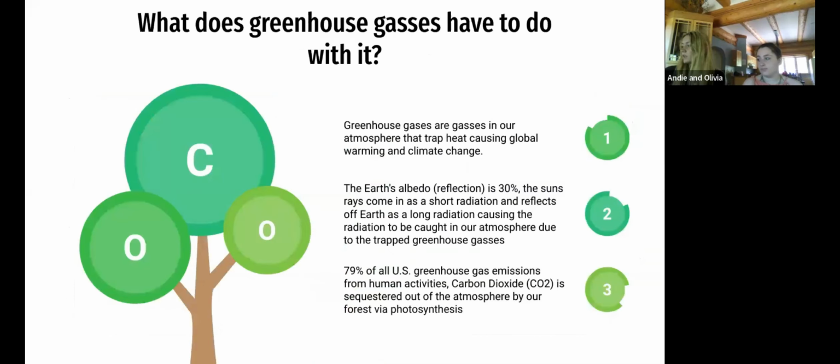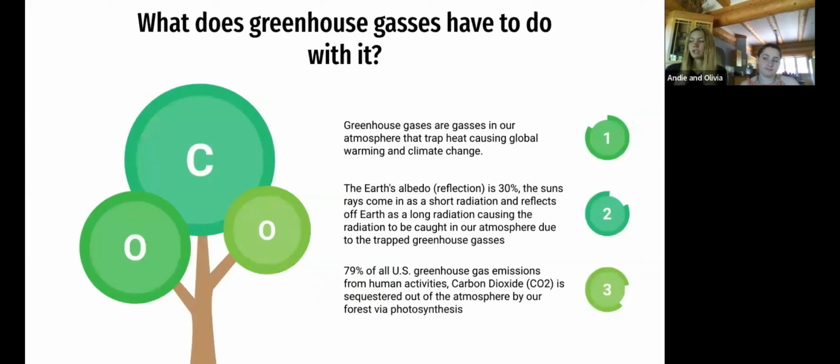So what do greenhouse gases have to do with it? Greenhouse gases are gases in our atmosphere that are trapped, causing global warming and climate change. The Earth's albedo, which is kind of the reflection percent, is 30%. The sun's rays come in as short radiation, and then they're reflected off of the Earth as long radiation.